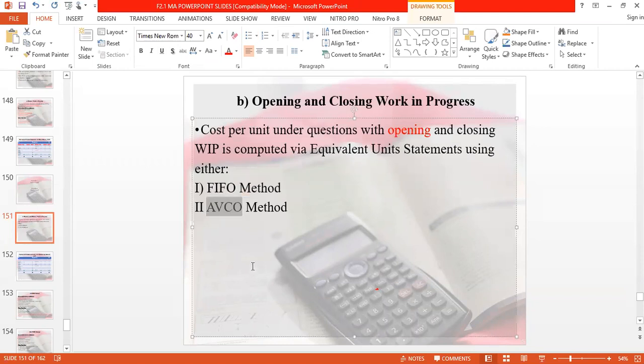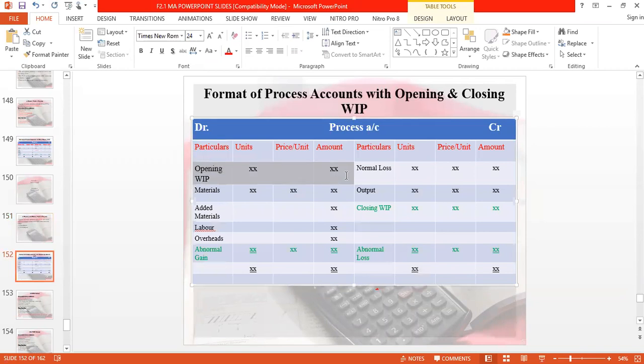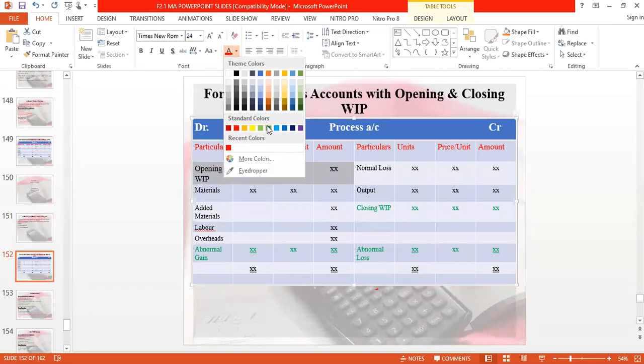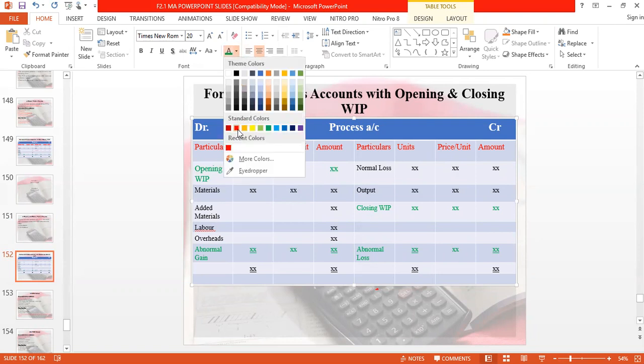This is the most complicated part of process costing, but I'll try to make it as simple as possible. Now, where do we post opening work in progress? You can see it here. That is where we post opening work in progress. So if there is opening work in progress, you now know where to post it.